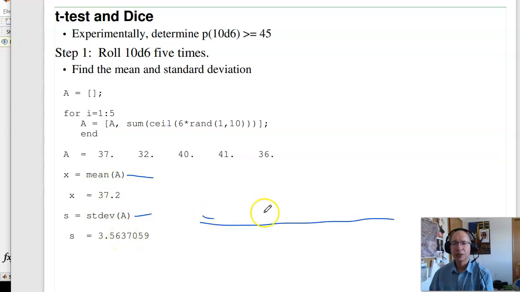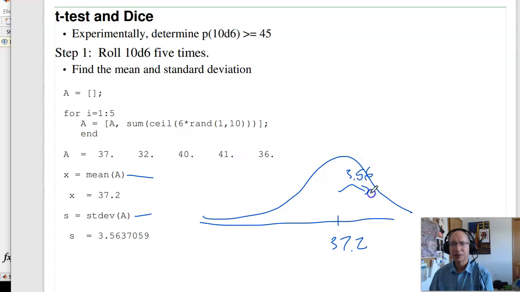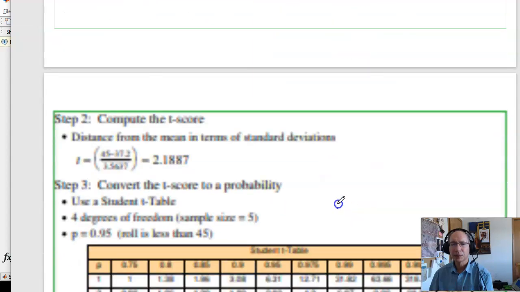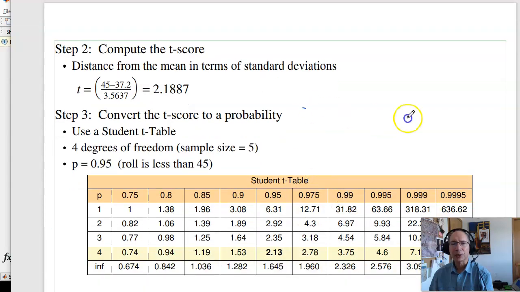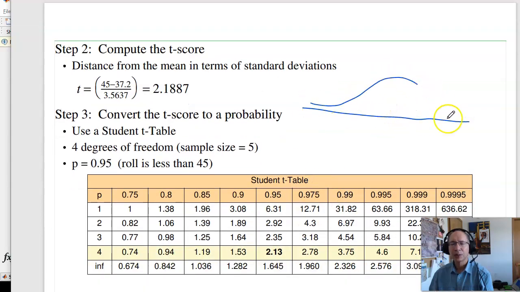So here's what the distribution looks like. The mean is 37.2, and the spread, one standard deviation, is 3.56. I now calculate the t-score. I want to know what's the chance of doing 45 damage or more.